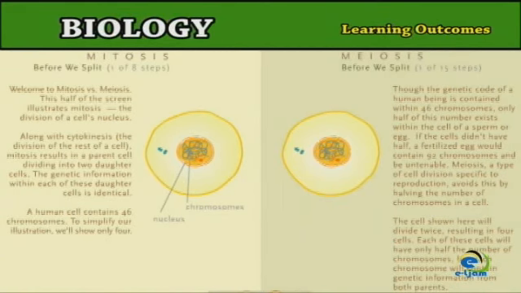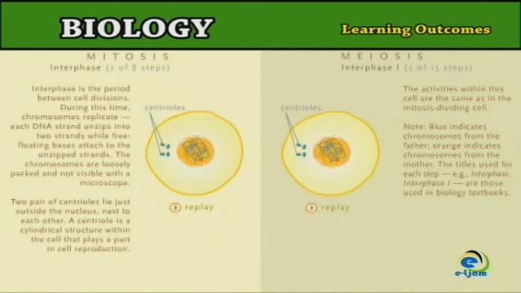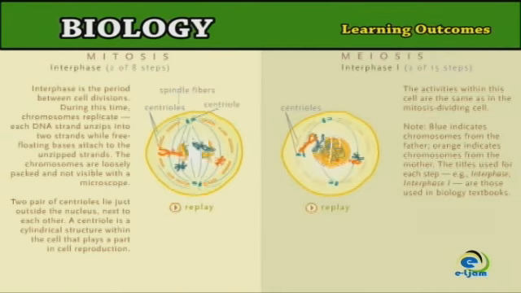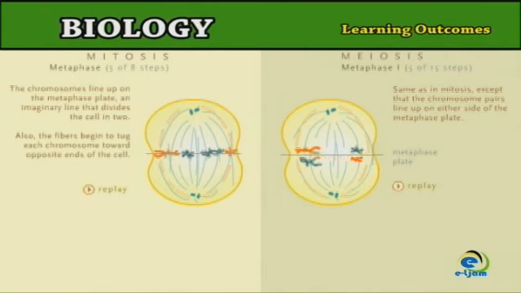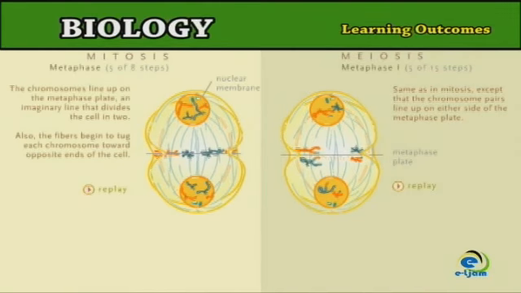Phases of mitosis and meiosis compared. Prophase of meiosis 1 is longer than mitotic prophase. In metaphase 1, the 2 copies of each replicated chromosome pair at the metaphase plate, unlike mitosis. In anaphase 1, each chromosome moves to a pole without chromatid separation.